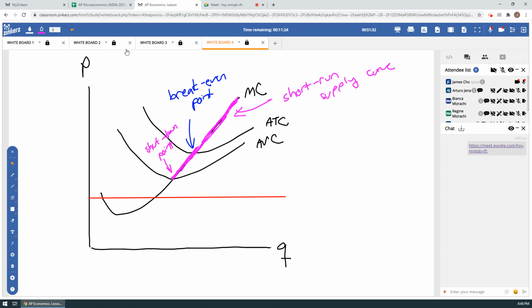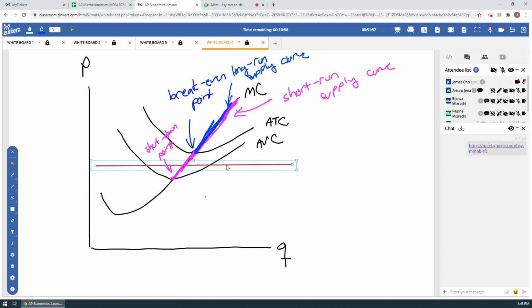But if we're talking about the long run, it's going to be from the break-even point and above. That's what we call the long-run supply curve. Because in the long run, if you're ever making economic losses, what are you going to do?